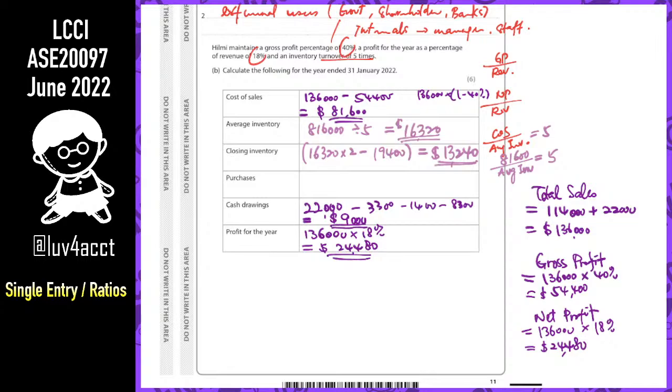Okay, we can't have it here yet, but let's see. If we have opening inventory, closing inventory, we have cost of sales. Of course, we can find purchases, right? Opening inventory plus purchases minus closing inventory is equal to cost of sales.